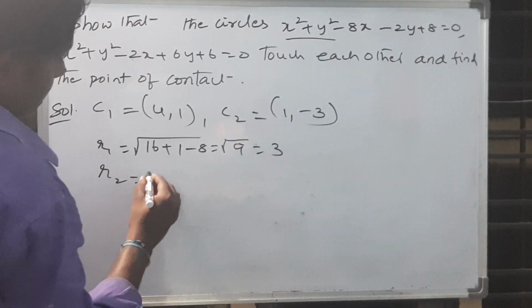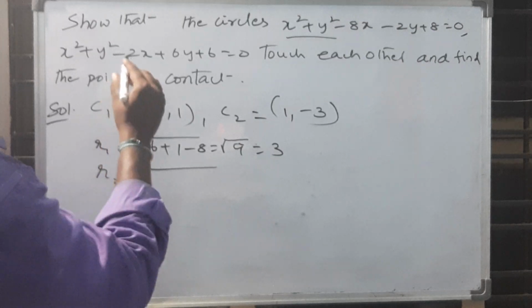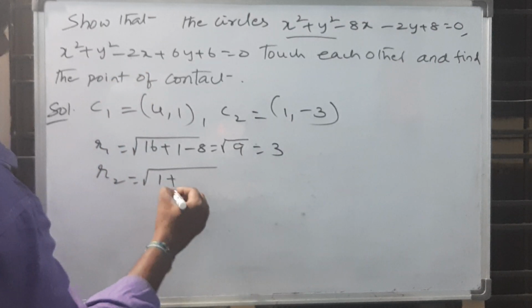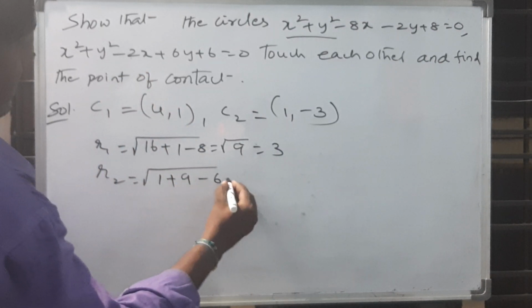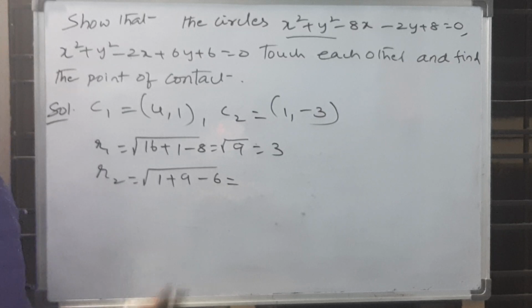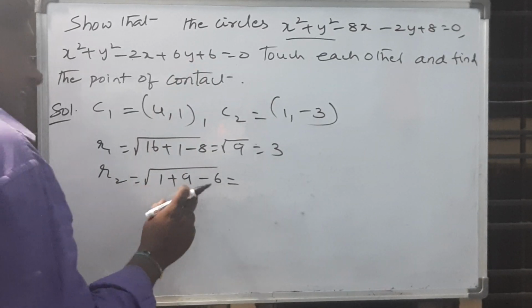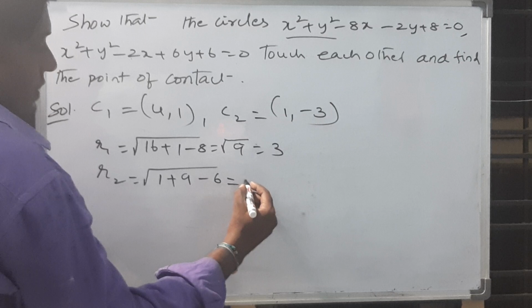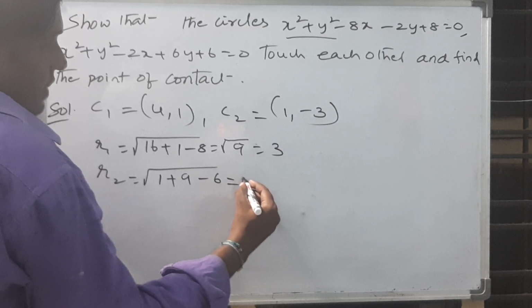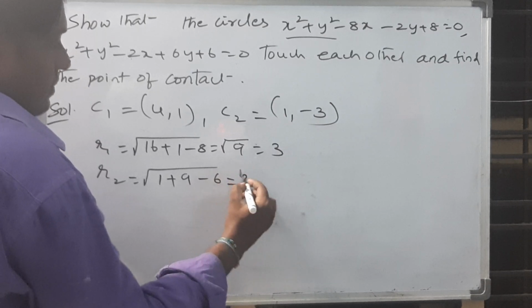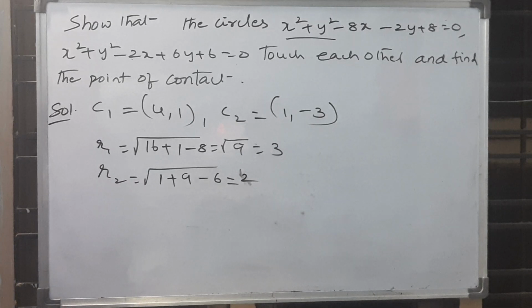R2 is square root of minus 1 whole square is 1 plus 3 square is 9 minus 6. C value is 6. So 1 plus 9 is 10, 10 minus 6 is 4. Square root of 4 is 2. So this is the radius of the second circle.